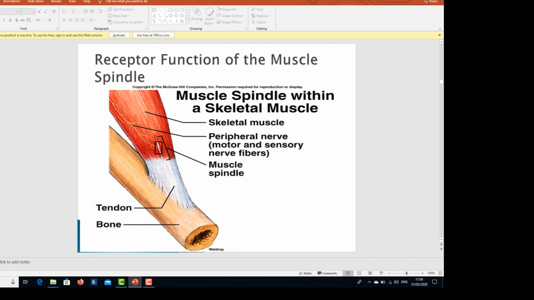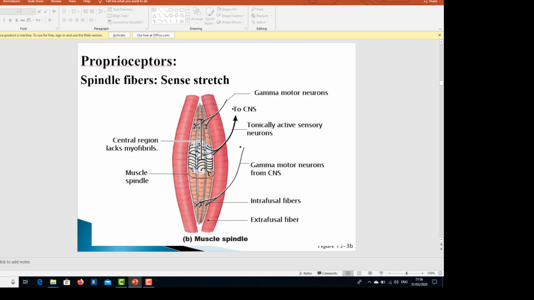You can see that there is presence of the muscle spindle, there is presence of Golgi tendon organs, and the proprioceptors, spindle fibers, they are going to sense stretch, and that is going to be taken up to the sensory nervous system by active sensory neurons, and then by gamma motor neuron and the other motor neurons, they are being given the information for motor activity.